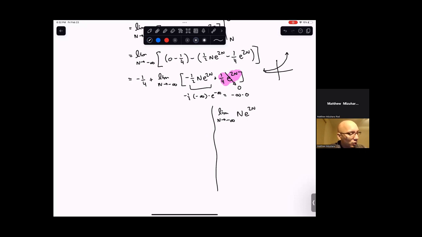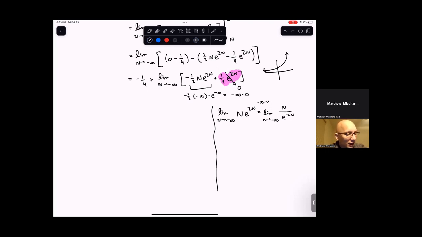Okay. And because this looked like a negative infinity times 0, what I should do is rewrite this as a fraction. So this is going to be the limit as n approaches negative infinity of n over e to the minus 2n. So I brought the exponential function to the denominator, but added a minus sign to the exponent.